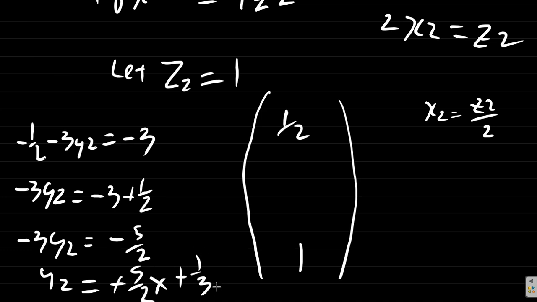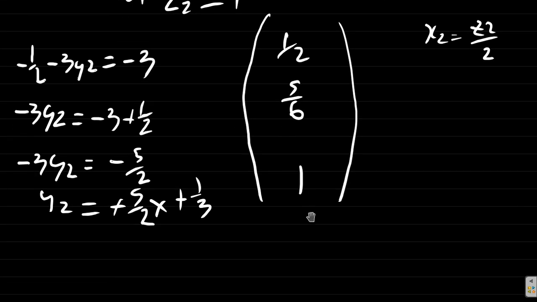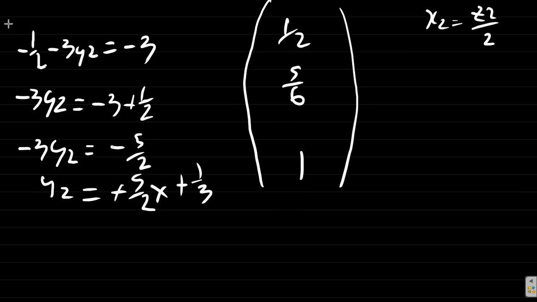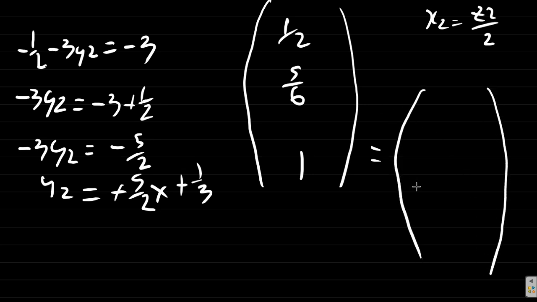This would be 5 over 6. Alright? That would be the eigenvector. But we don't want any fraction. Let's put everything as integers. So let's multiply everything by 6. 1 times 6 is 6. 5 over 6 times 6 is going to be 5. Half times 6 is 3. So it's 3, 5, 6.